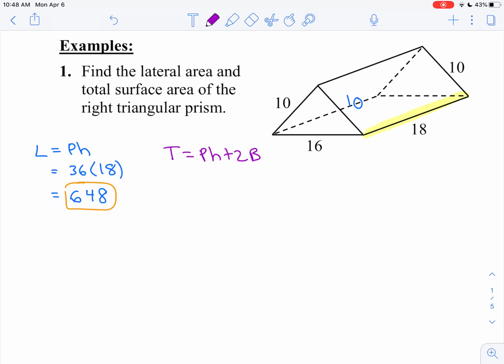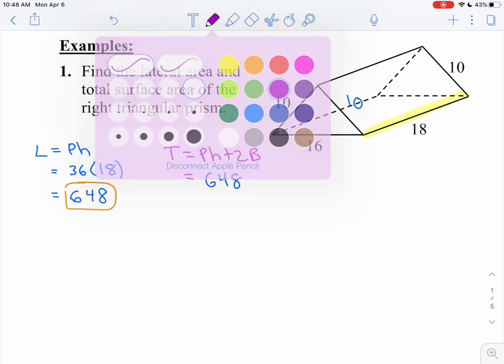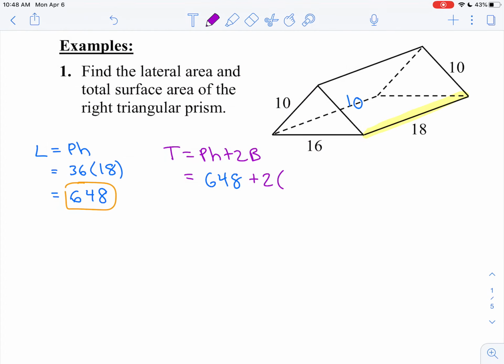pH plus 2B. So don't do extra work that you don't need to. We already know pH, we found it. So you don't need to rewrite out all the work for that. So we'll put the 648 right there, plus 2. And now that B is going to be any shape from Chapter 11.